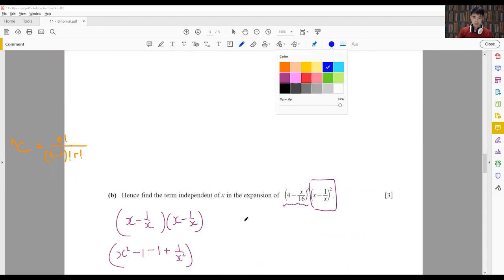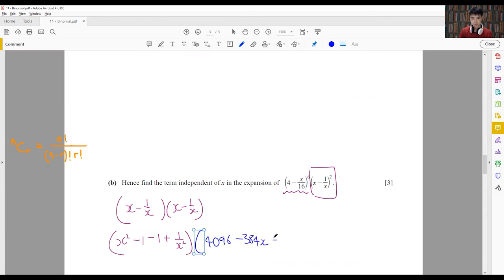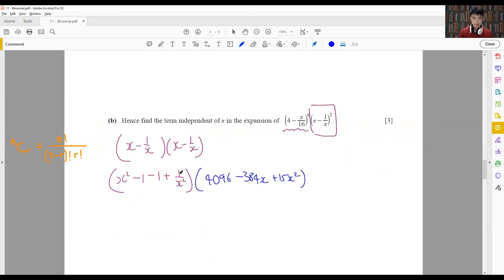So use a different color here. Multiplied with 4096 minus 384x plus 15x squared. Okay. To find the values that are independent of x, oh, let me just edit this. So negative 1 is negative 2, right? Okay.